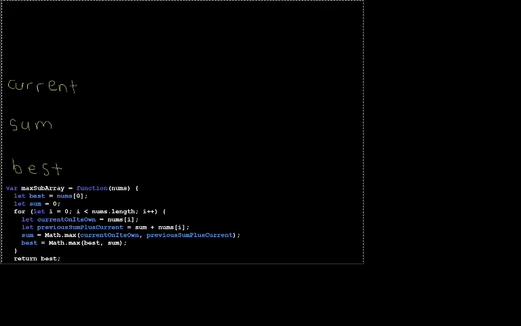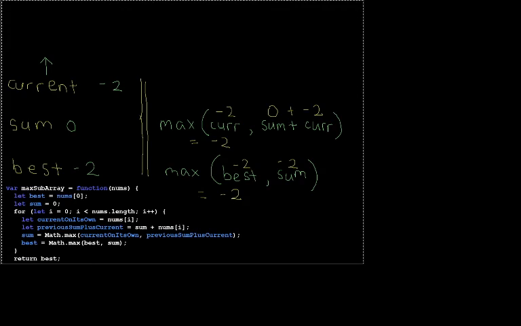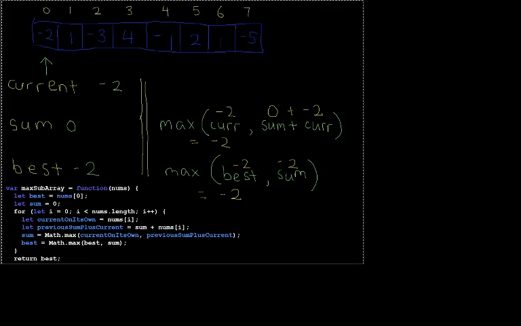If we step through at step 0, we see that the current value is -2. And the sum is going to be the maximum of either the current value or the current value plus the previous sum, and you start the sum at 0.